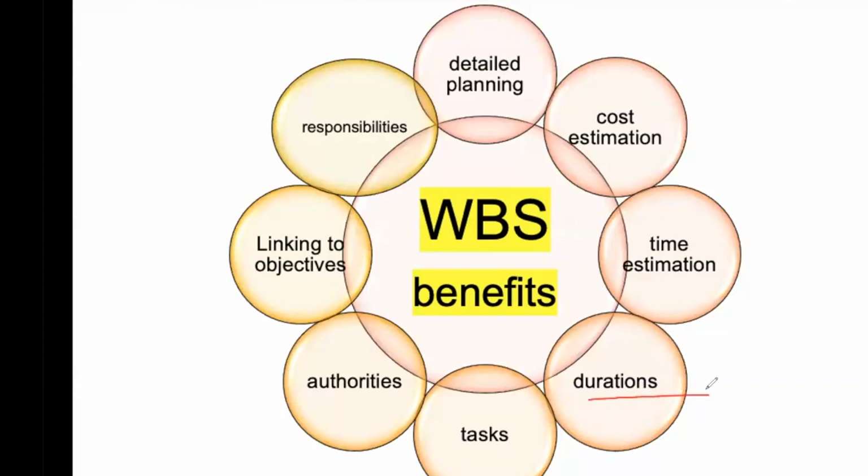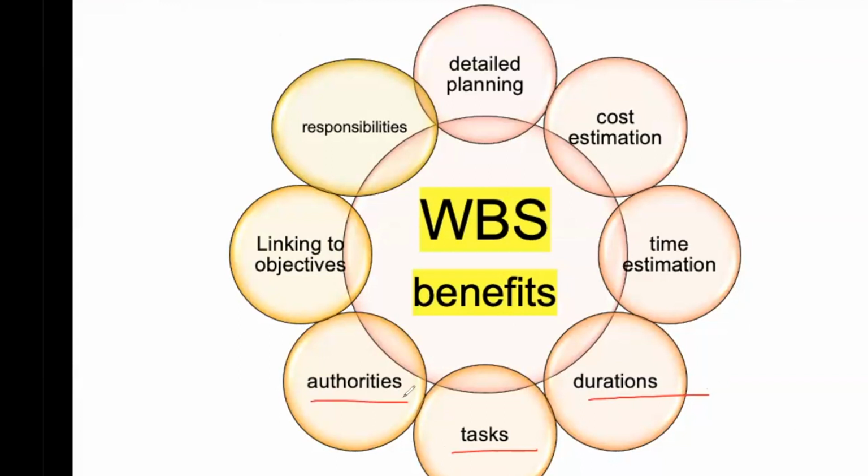For example, installing Zoom will take 1 day, or you come up with these durations and then you add them up, and then you come up with a project timeline. You come up with all the tasks. You leave out nothing. So when you communicate your WBS, everyone in the team understands what is required, when it's gonna be done, who is gonna do it.